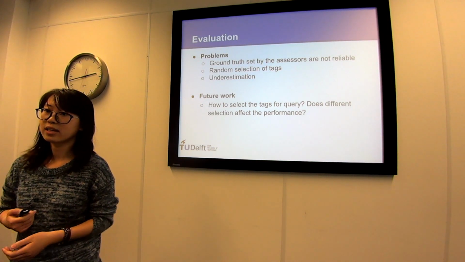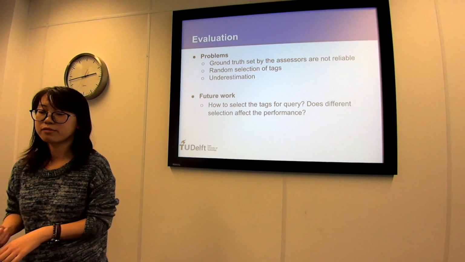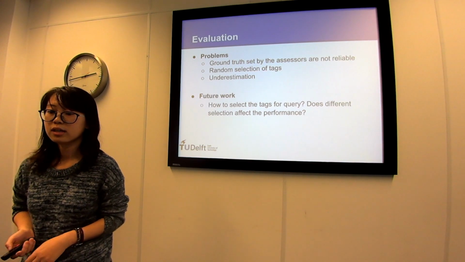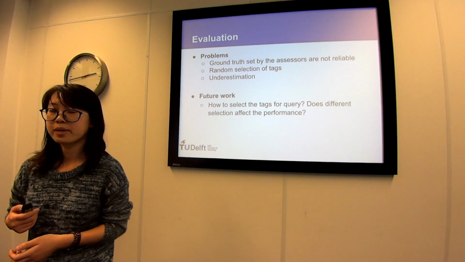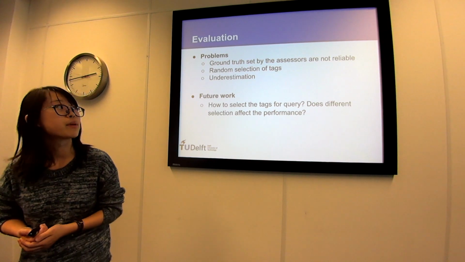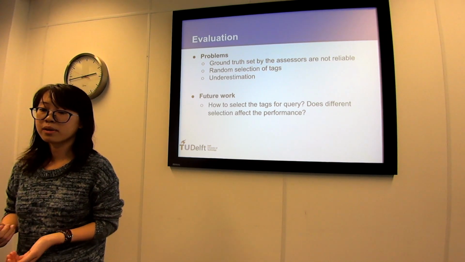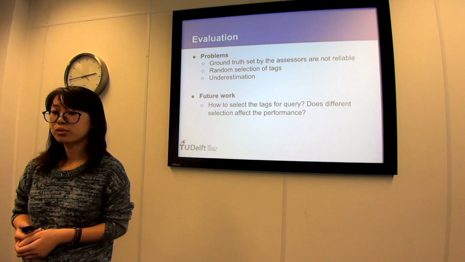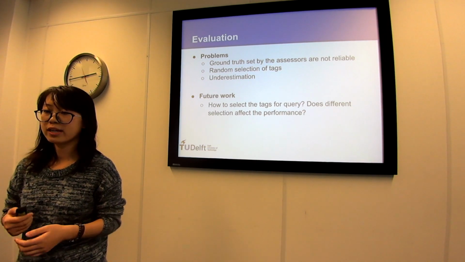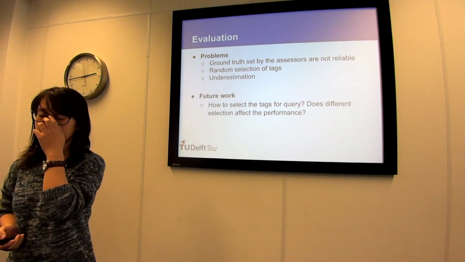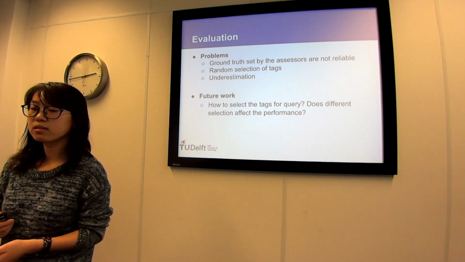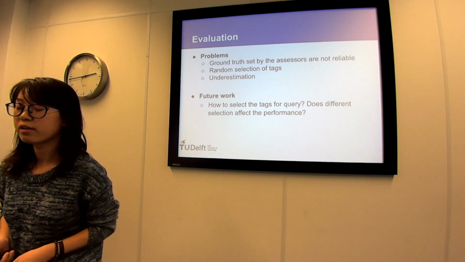But as we stated at first, regarding the difference between automatic image annotation and image tag recommendation, the text should be consistent with the user's thought, but assessors always lack information, for example, some contextual information, to determine whether the text is really consistent with the user's thought and can be accepted by the user. So this is the first problem of this kind of evaluation.